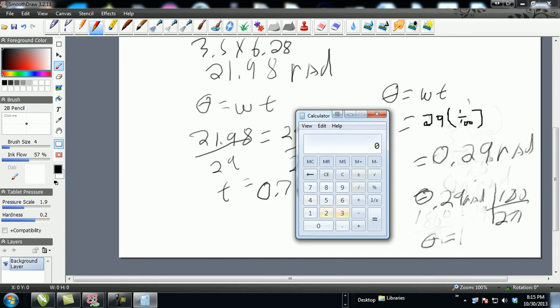I get 0.29 times 180 divided by 6.28, 8.3 degrees.